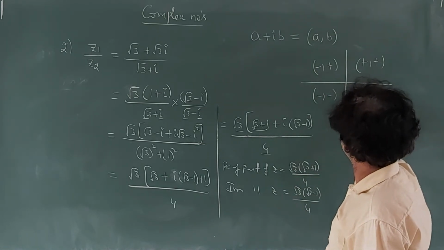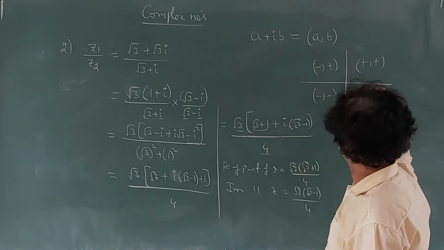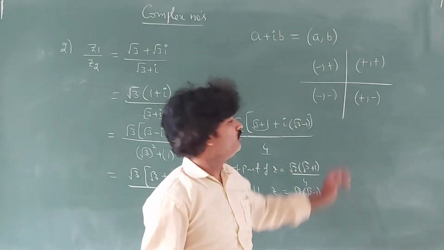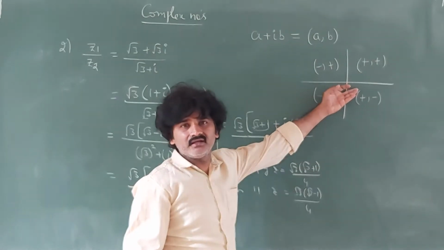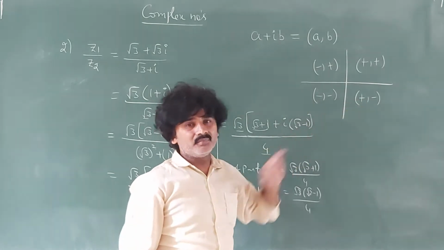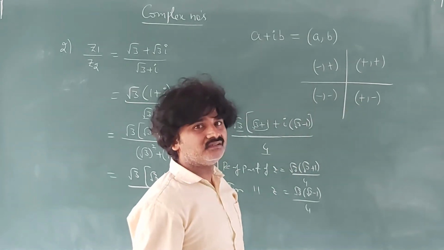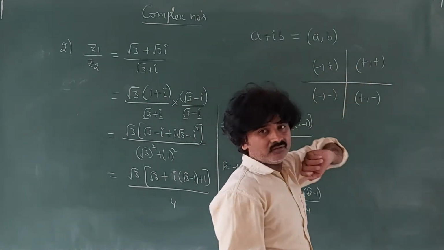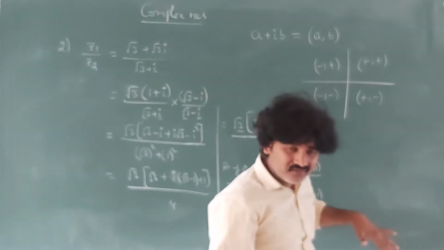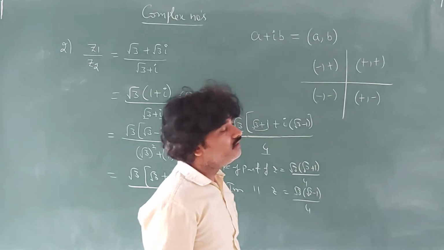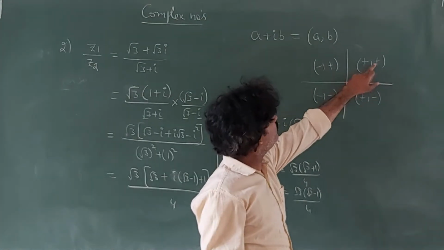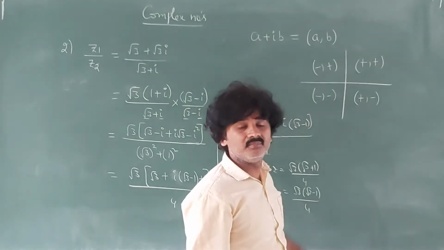Fourth quadrant, the real part is positive, the imaginary part is negative. So all of you know these basics. Here it is not only a point, but the point is nothing but a complex number, in which the x coordinate is the real part and the y coordinate is the imaginary part.